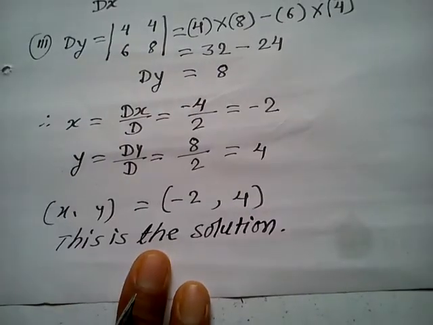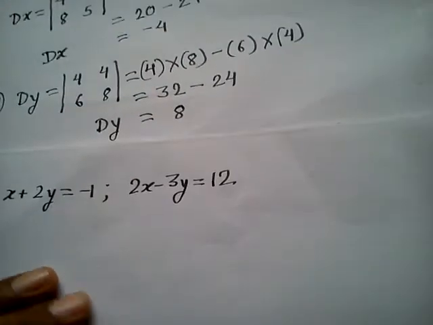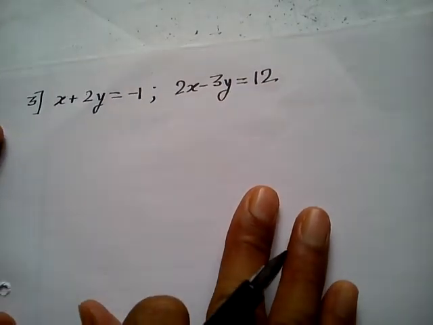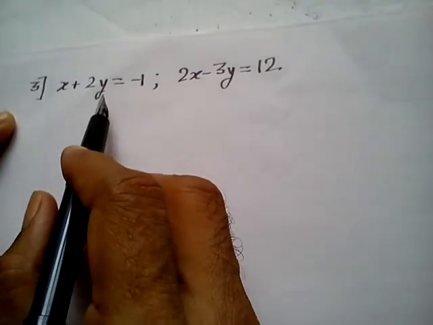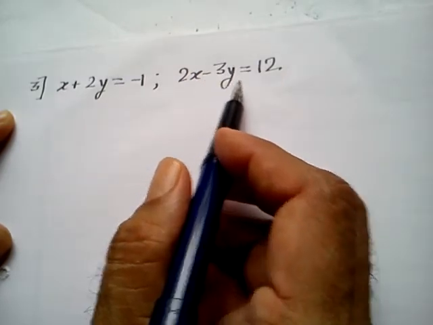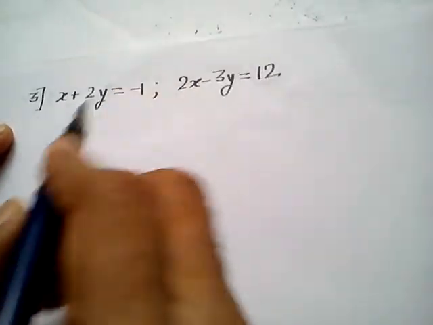Now third and last one, now we are going to solve. Just wait. Example third, x plus 2y is equal to negative 1, 2x minus 3y is equal to 12. Equation is written in the proper form.